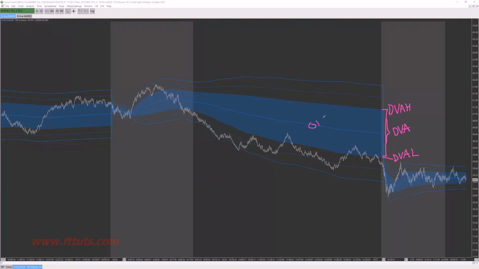This is VWAP. This would be, and the same nomenclature for the 1.5, this would be the +2. This would be the -2, right? Plus 1.5.